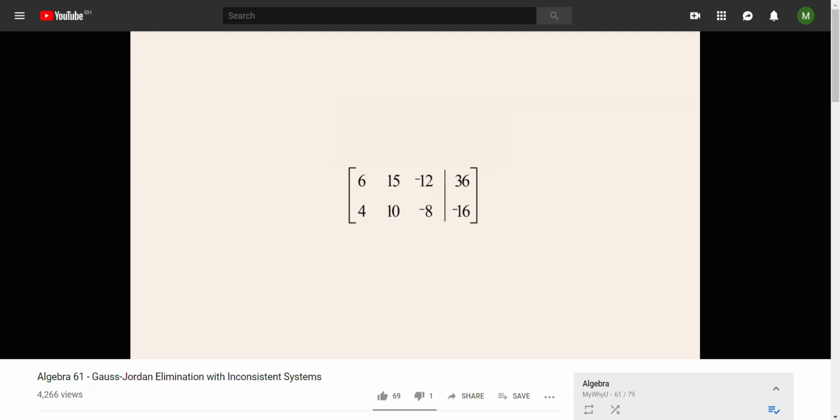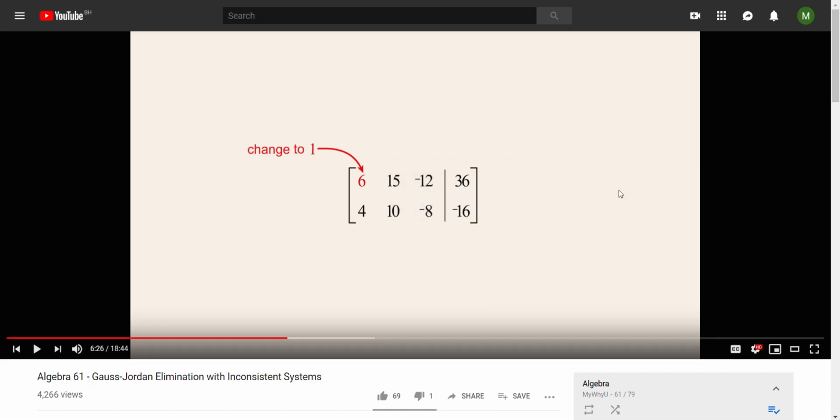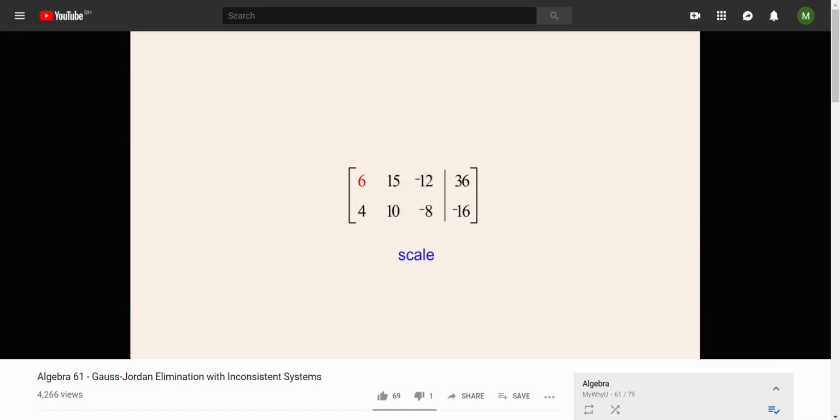We start by changing the leading entry of the first row to a 1 using a scale operation to multiply row 1 by 1/6.